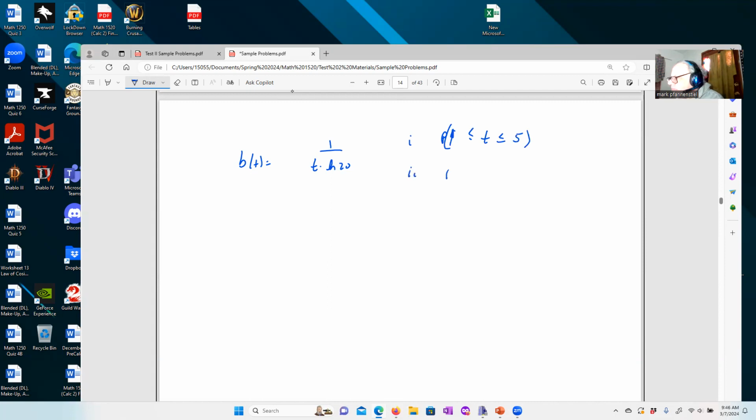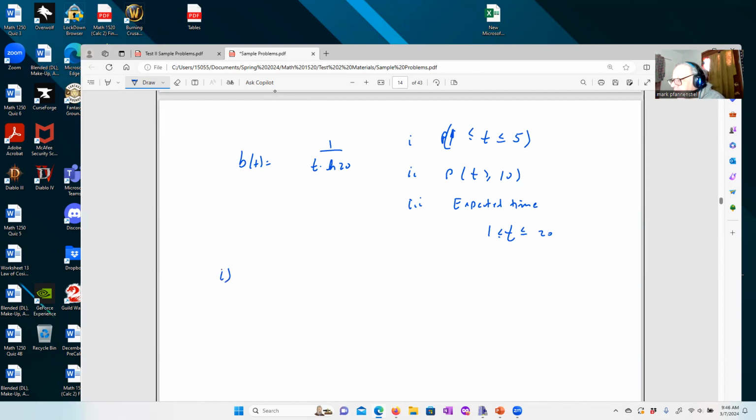Two is going to be the probability that t is greater than 10 seconds. And then three is going to be the expected time for the blood to clot. We also have to realize that t has a domain of 1 through 20. So that'll be nice.